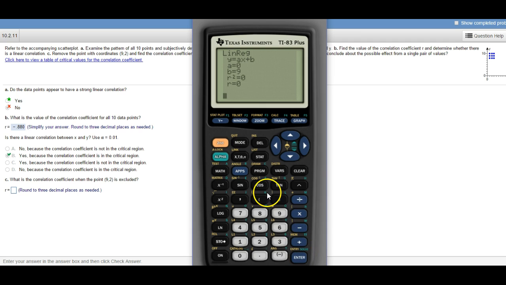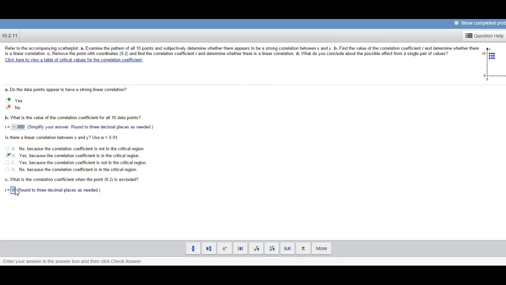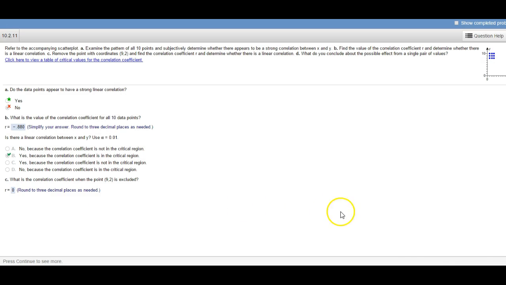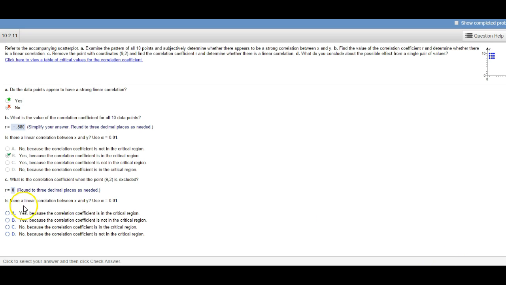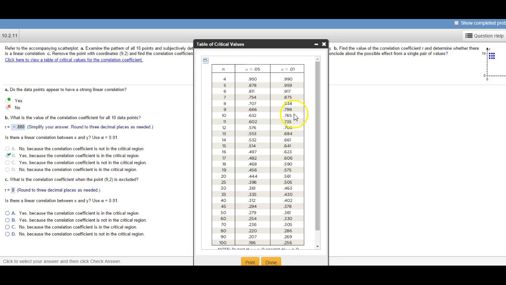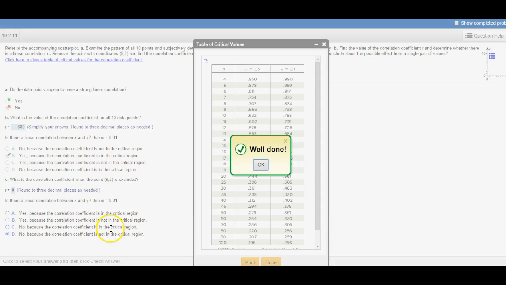It'll run it again. And notice this time we get r squared is 0 and r is 0. Is there linear correlation? Well, no, there's not going to be, because we have to be above these numbers and we're at 0. So no, the correlation coefficient is not in the critical region.